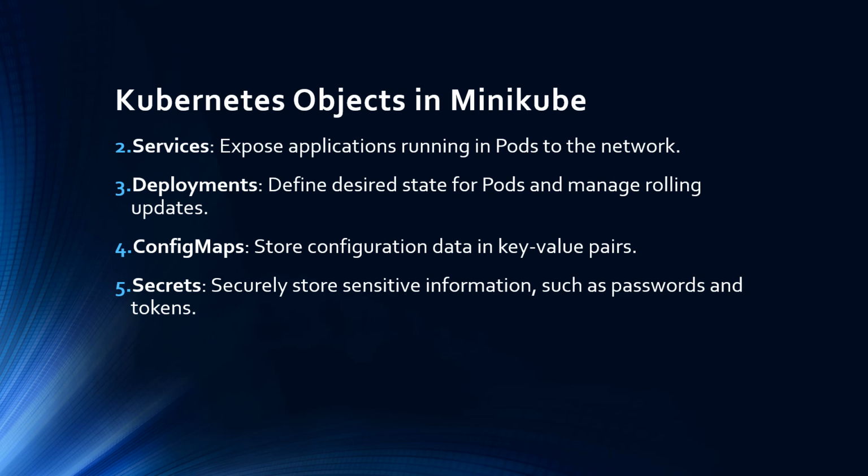Config maps and secrets let you manage application configuration, store sensitive information, test configuration changes, and practice security patterns. Working with these objects in Minikube helps you understand Kubernetes concepts, test deployment strategies, debug application issues, and develop best practices.